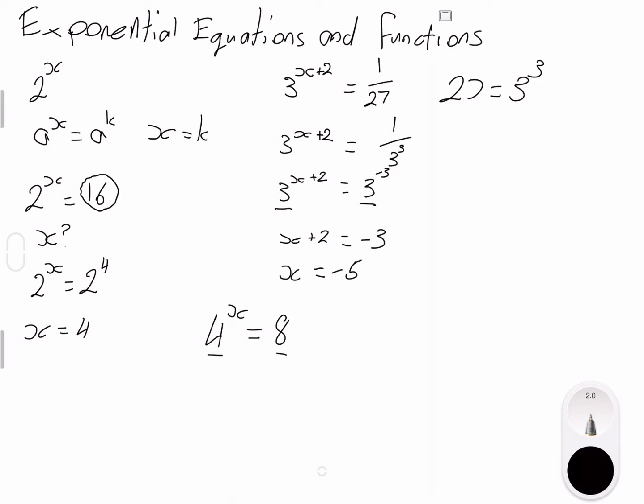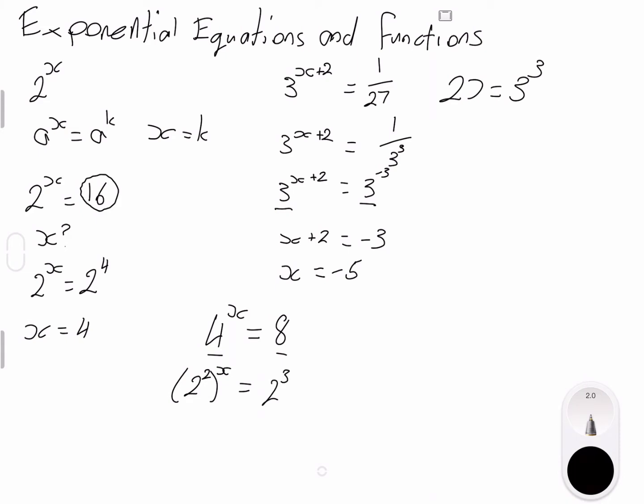But we can rewrite them as having the same base. If we think about it, 4 we could rewrite as 2 to the power of 2. So this could become 2 to the power of 2, all to the power of x. And 8 can be rewritten as 2 to the power of 3.